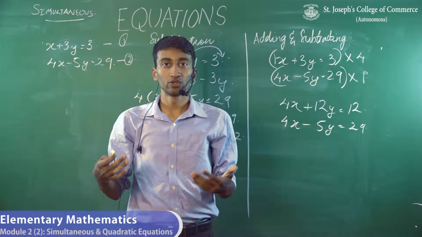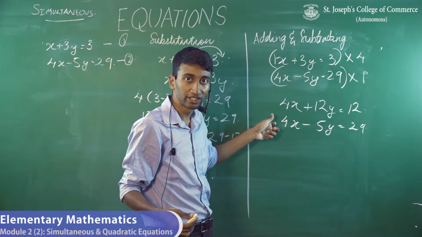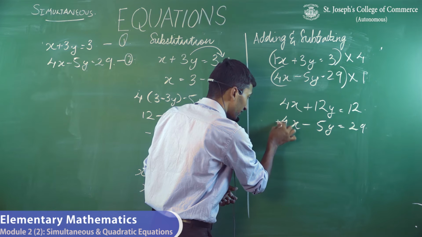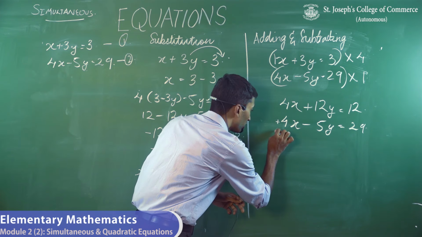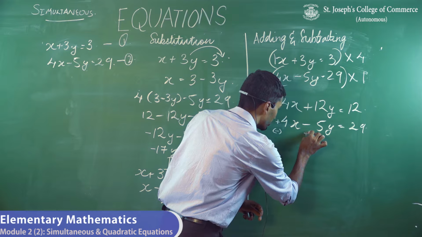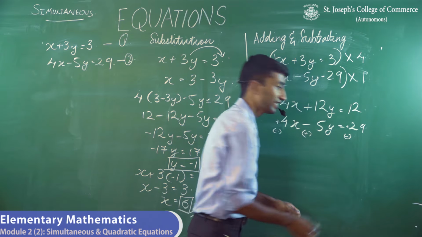And now the rule number 2 is you have to take either one of these equations and change the signs. So if it is a plus sign, you put a minus sign to it. If it is a minus sign, you change that into a plus sign. And here it is plus, so minus 29.